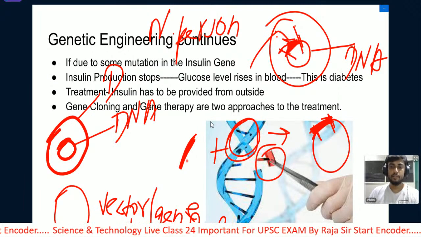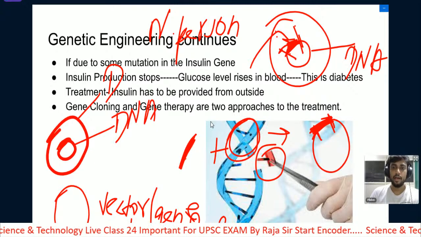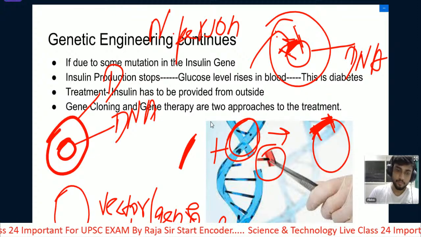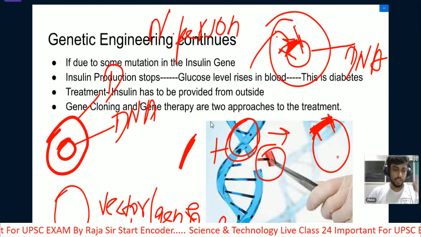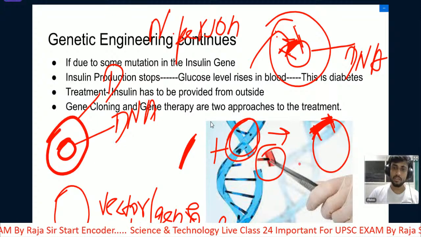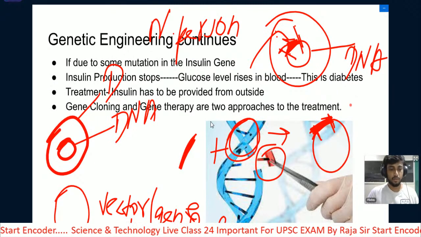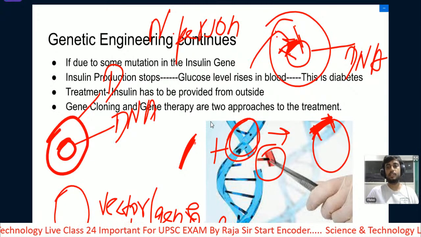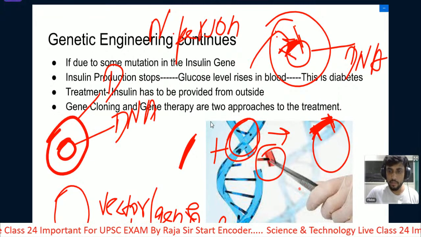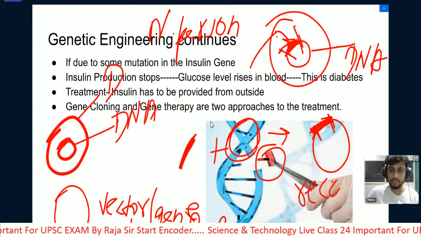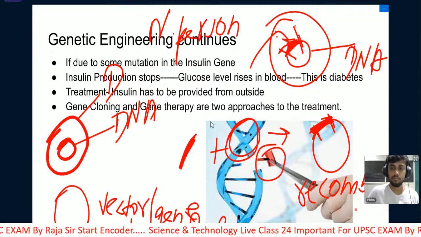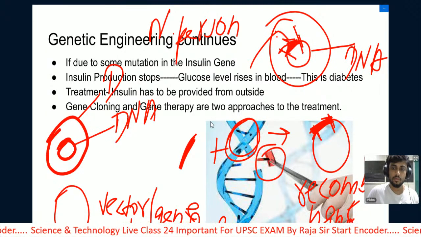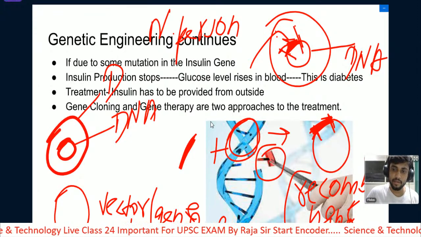By combining this gene sequence responsible for insulin, which was from the normal person, plus the gene vehicle, we have produced this new DNA. This is the vector DNA plus the insulin sequence, and we give it a new name: the recombinant DNA.